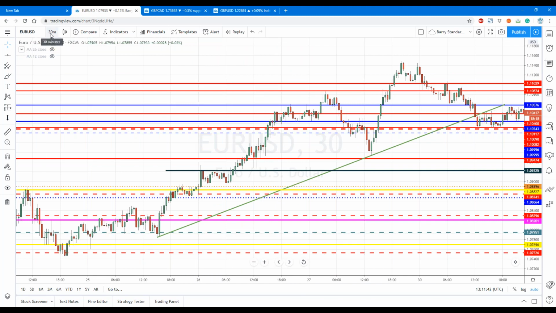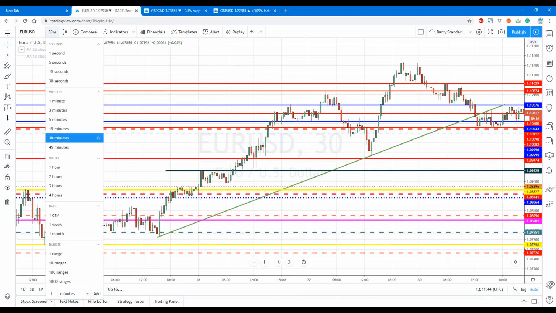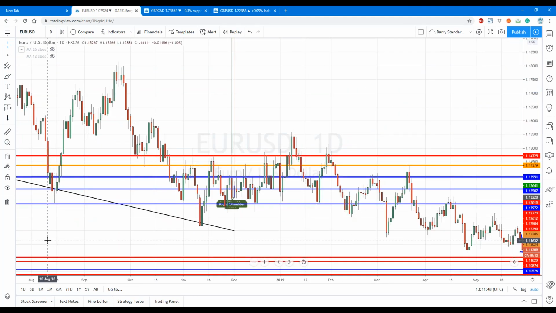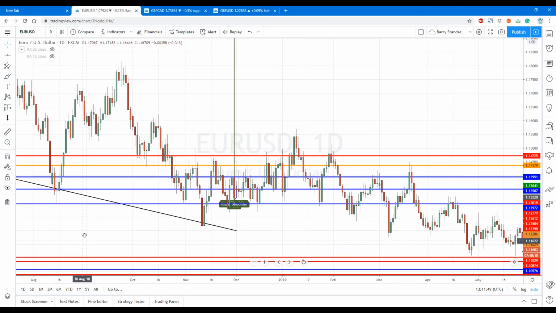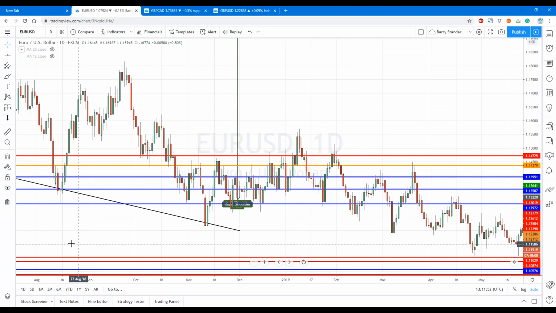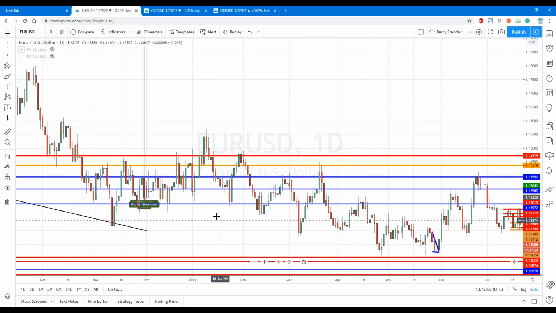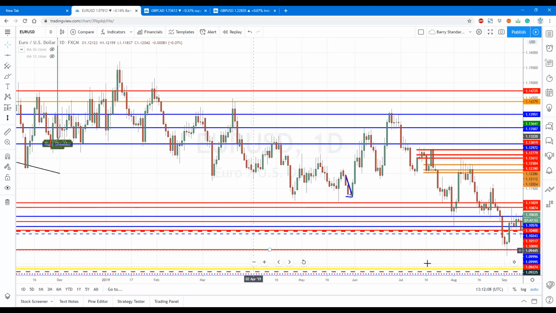Another way we can secure these is by taking a longer term chart. If we look at, say, a 1-day chart, and we look for when the euro was trading in this range last time, we can go back pretty far and see what was important. So look at this price level here, back a year ago, April 30th, 2019. We had a strategic price of 111, but we need to get lower because the euro is trading all the way down here.